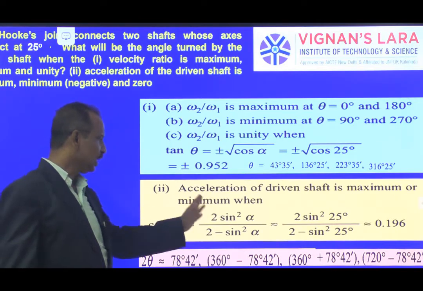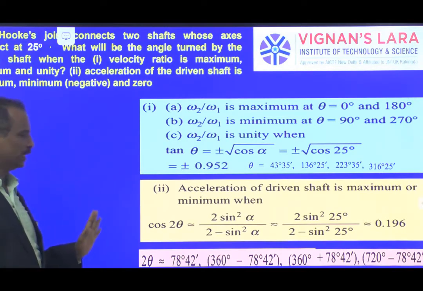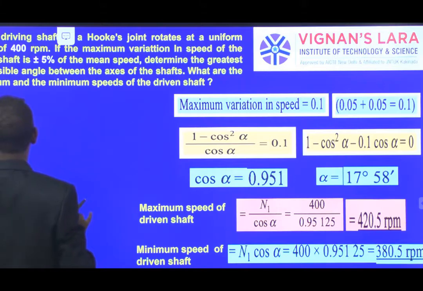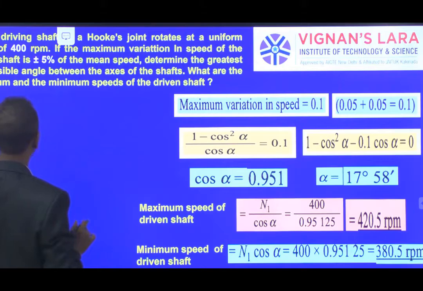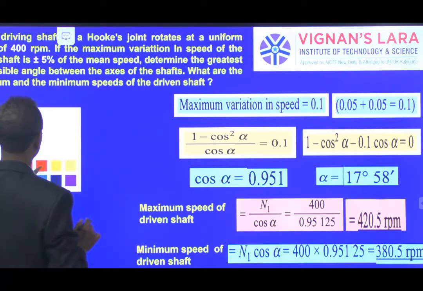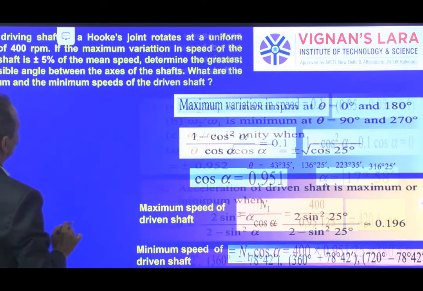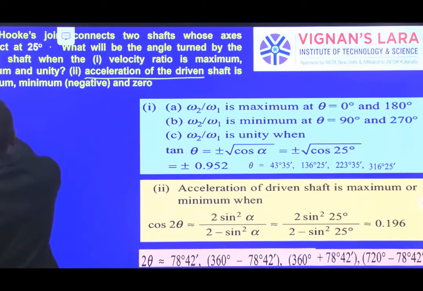So this is the value he has asked when it occurs. It is not asked what the maximum value is; it is only asked when the acceleration is maximum or minimum, that's all.